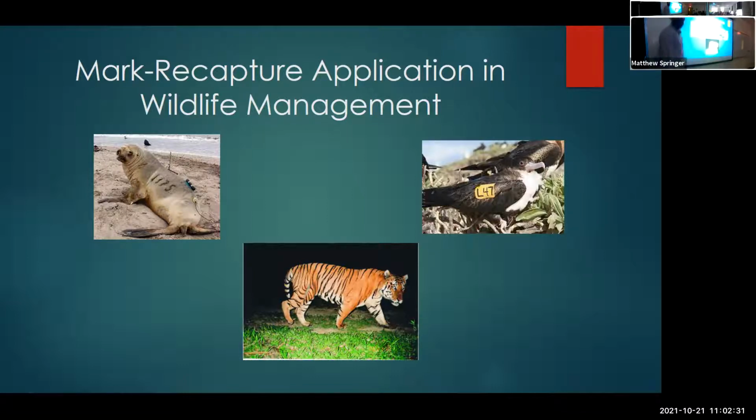Now we're gonna jump into this idea of mark recapture and the application of mark recapture for managing wildlife population. Mark recapture is one method to estimate a population. And why do we care about estimating populations?